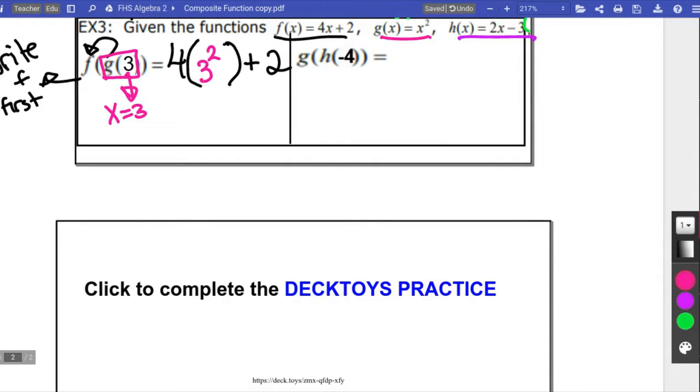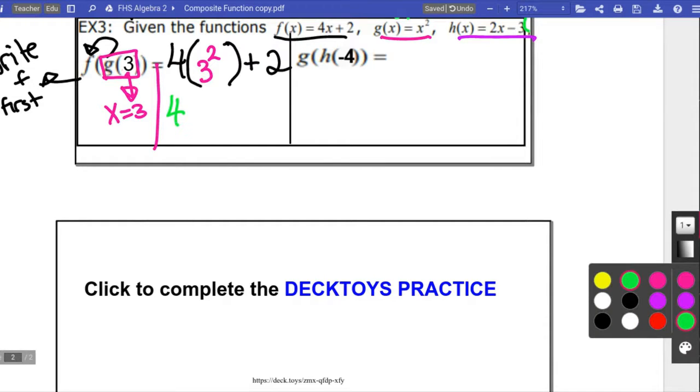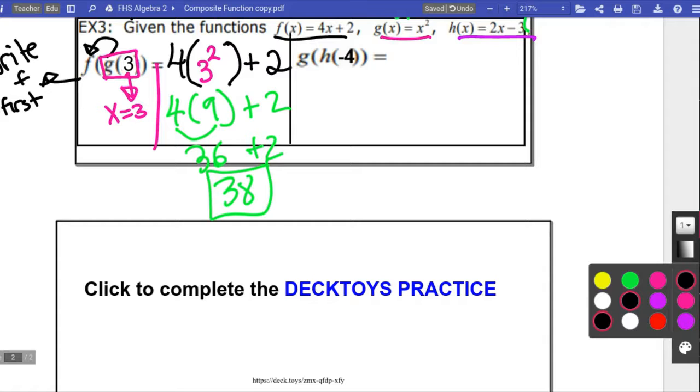All right, let's do our thing. 4 times 9 plus 2. What is that? 36 plus 2, 38. Every time I see 38, I just got to finish it.